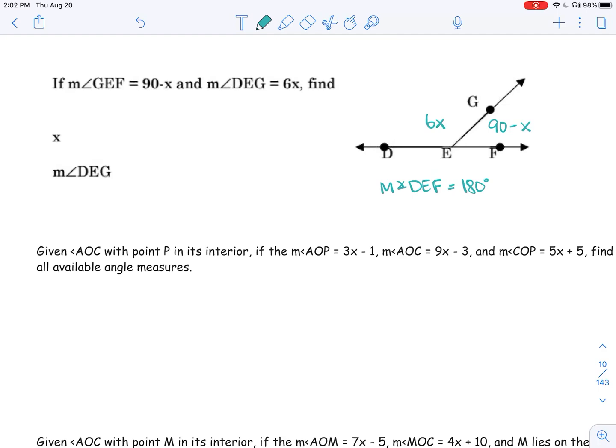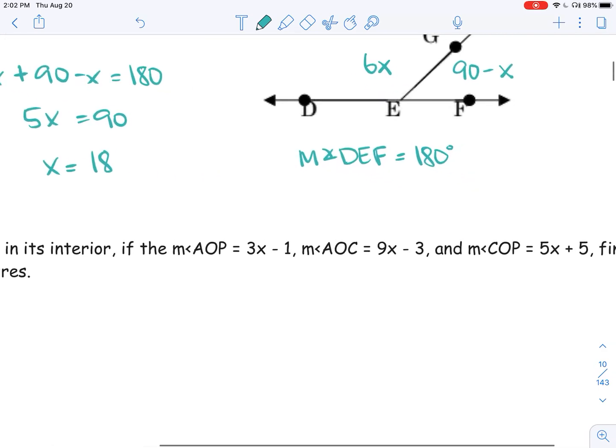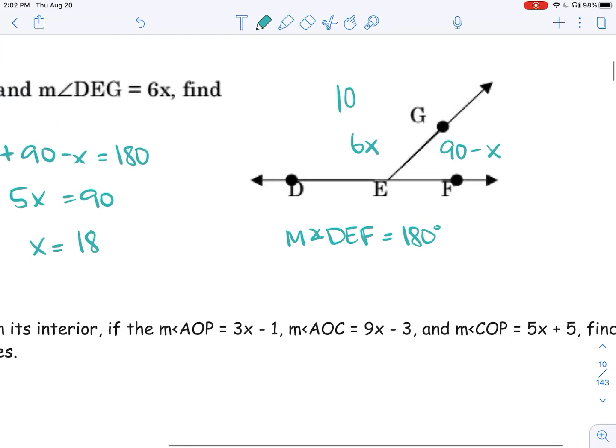It will be 180 degrees, so I can add those two together. 6x plus 90 minus x is equal to 180. So I have 5x equals 90, and x is equal to 18. Now if we take 18 and plug it back in, 6 times 18 gives me a value of 108 degrees.